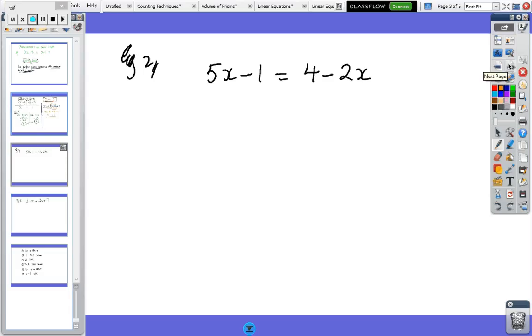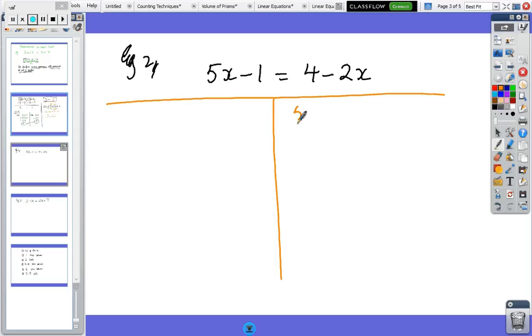Okay, so just to show, do it the slow way. Minus 2x, I put a plus 2x, minus 1, I put a plus 1.